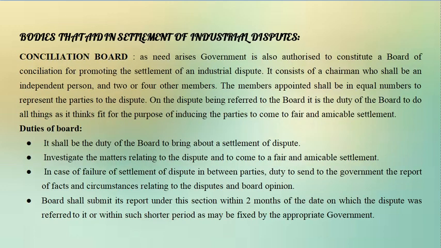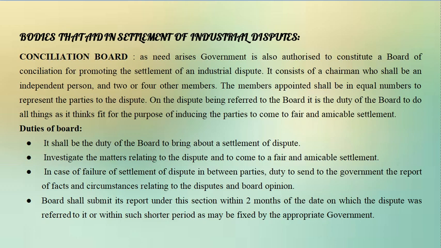Now, there are a few bodies through which these problems could be solved. Conciliation Board. As need arises, the government is also authorized to constitute a board of conciliation. So the government initiates a board of conciliation so that they can solve all the problems relating to industries, and it consists of a chairman who shall be an independent person and 2 or 4 other members.